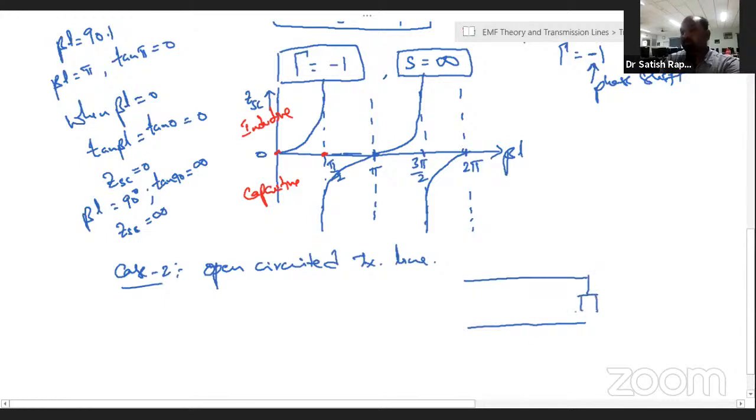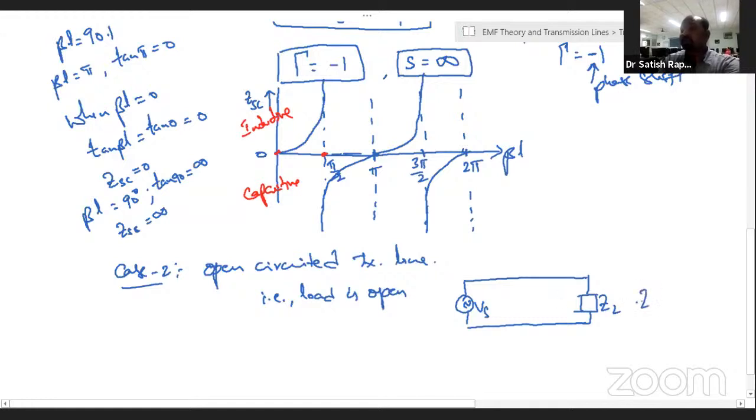So this is the load, and this is the input voltage. The transmission line is open circuited. That means the load is open. When will the load be open?